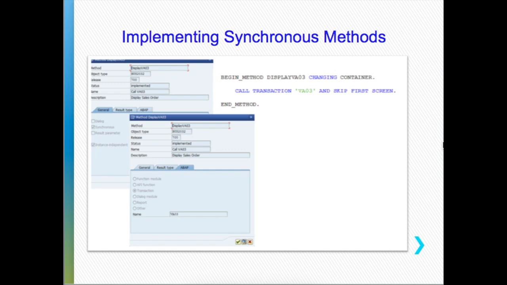If you choose, for example, a transaction where you give the name of the transaction VA03, and as soon as you click that, it generates the code automatically. Unless you want to choose other and write your own coding or manipulate inside the method. Otherwise it does the job automatically.